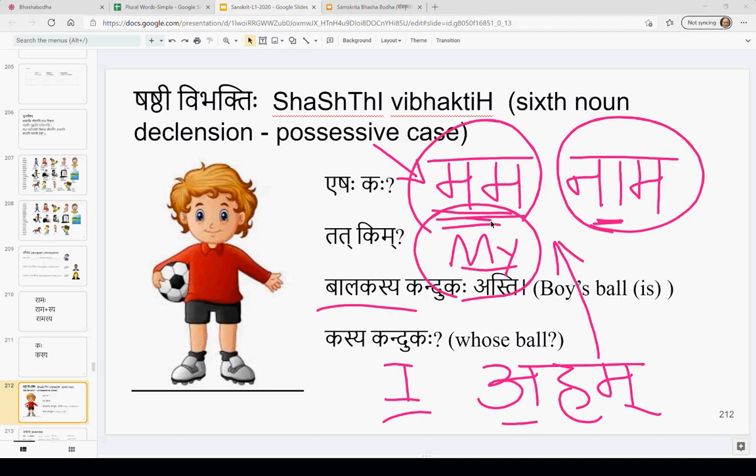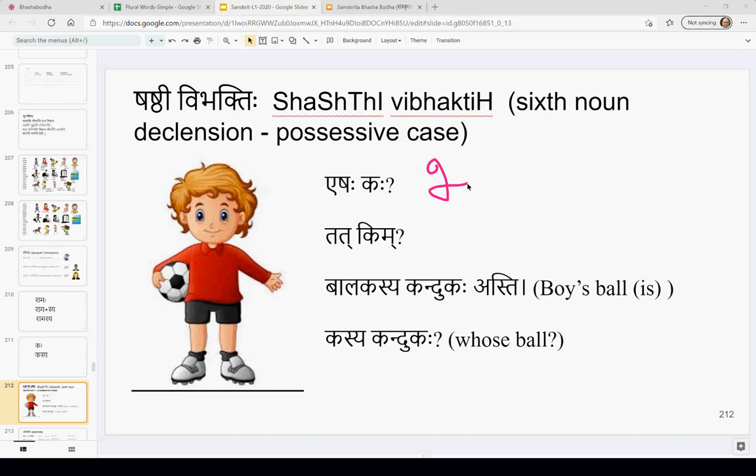Its base word is also different. You can look at the tables in the book later, but that's not our study right now. Only these forms of aham and mama we can understand right now. Aham means I, mama is its shashthi vibhakti. So mama we can use: mama pustakam, mama phalam, mama gruham, mama keshaha, mama yutakam, mama padatranam. So mama we can use wherever the shashthi is needed. My. Mama nama. Nama is name.